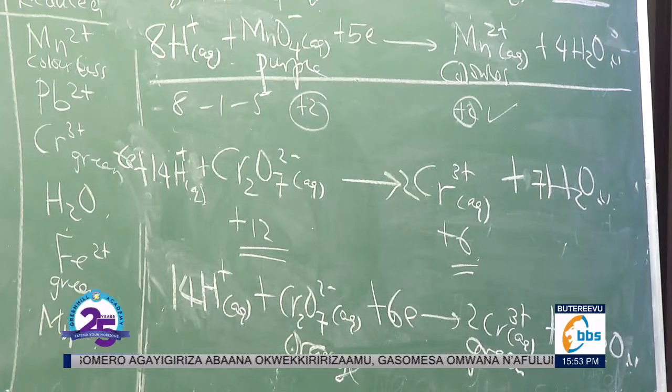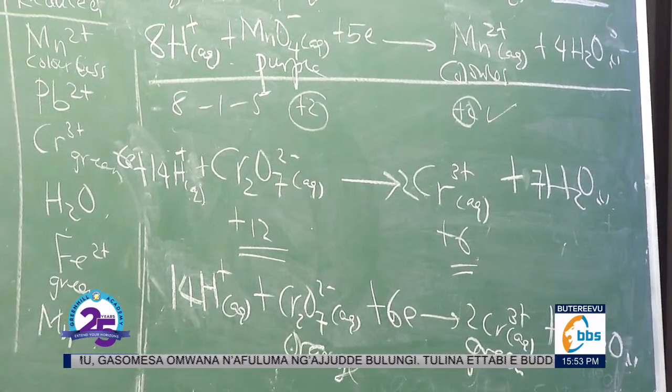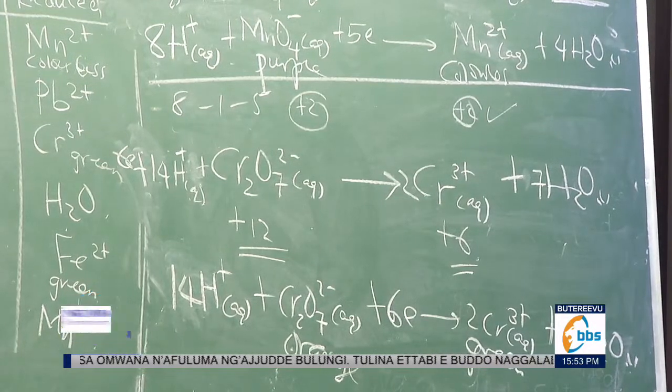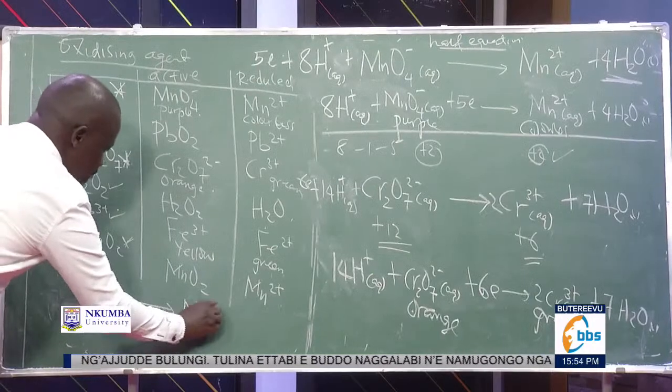Now because of time, I can write this very fast. Probably you can balance it. You can just use this analogy. MnO2 goes to manganese 2.